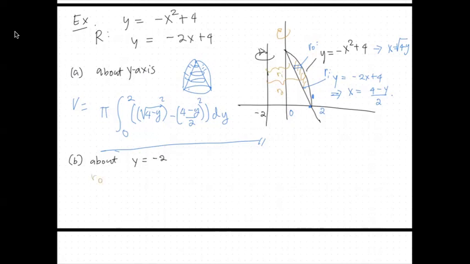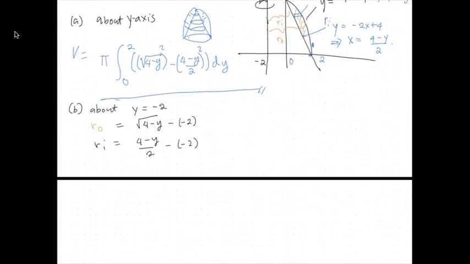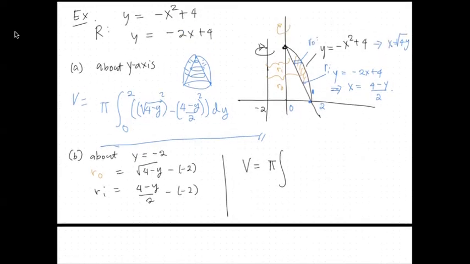Now for R outer, this is just the square root of 4 minus y, minus negative 2, so it becomes plus 2. And then the R inner is 4 minus y over 2 minus negative 2, or plus 2. Thus, the volume will just be pi, and then we start from, what is this point here?